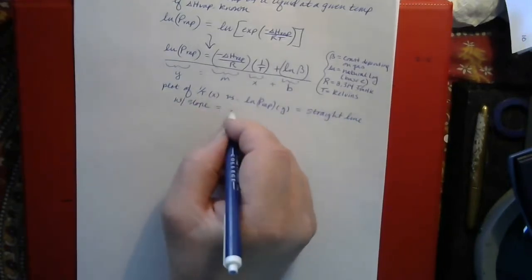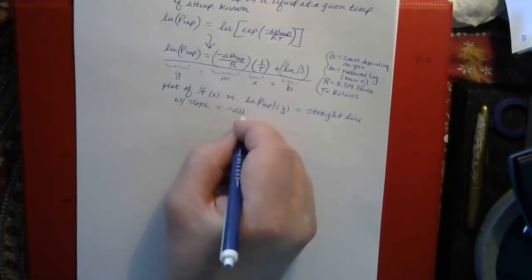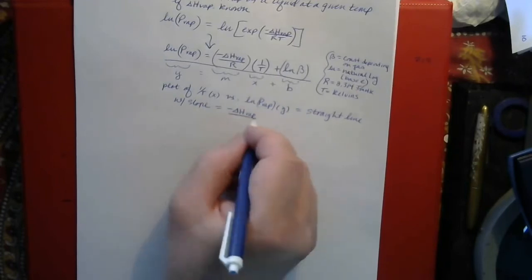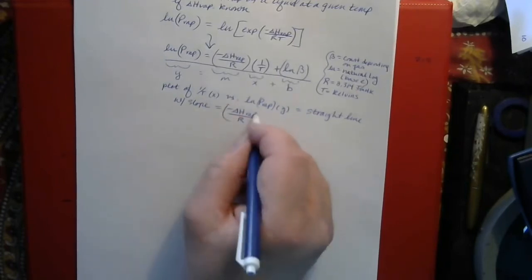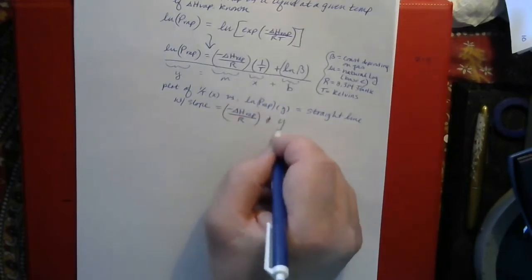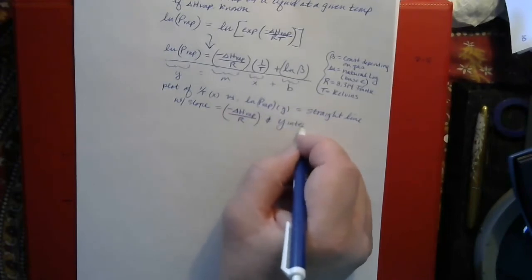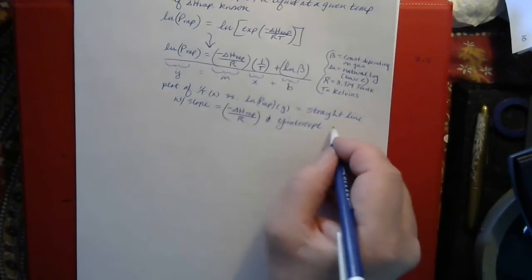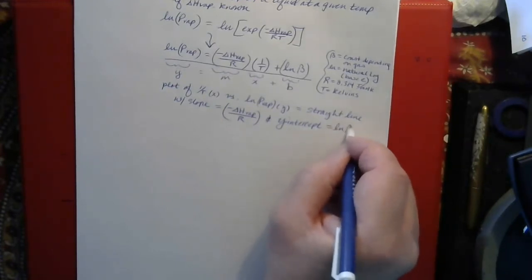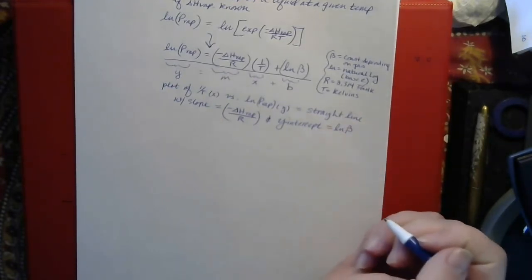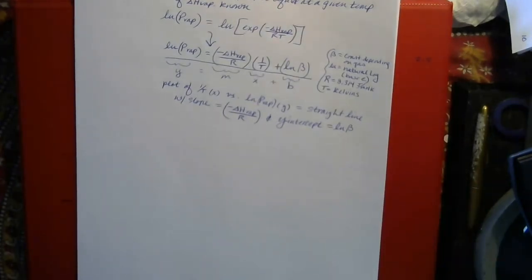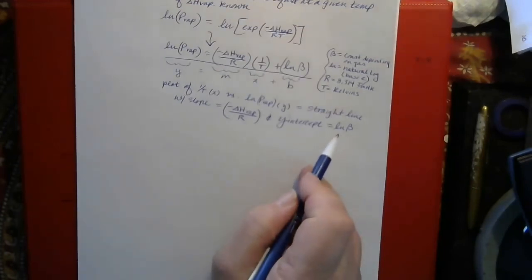And the slope of that straight line will be the heat of vaporization over R. And the point where it crosses the y-axis will be the natural log of beta. As I said, beta is readily available. You can look it up in tables for all kinds of different substances.